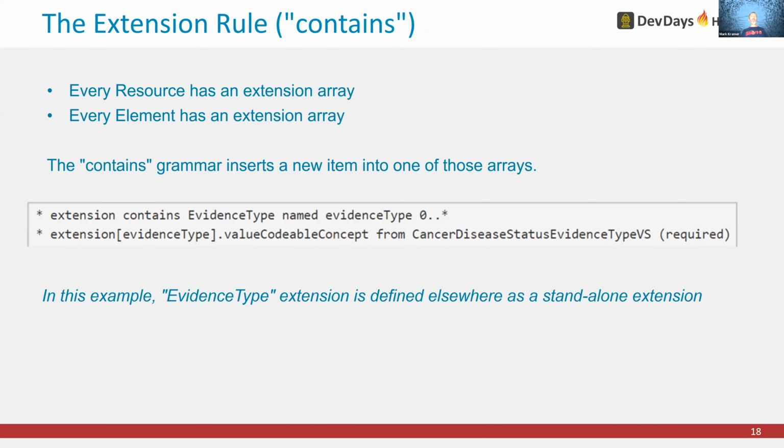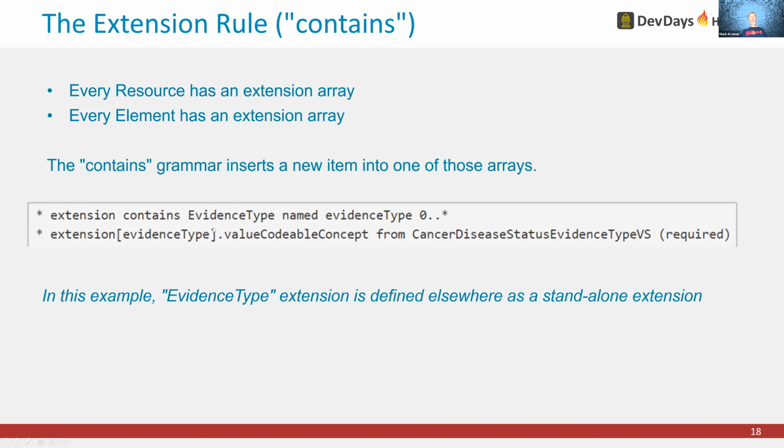The last one I'll introduce is the extension rule, which uses contains. Just as a little backup, every resource has an extension array, and every element in every resource has an extension array. And the contains grammar populates those arrays with extensions. So what we'll say is something like extension contains evidence type with a local name of little e evidence type.